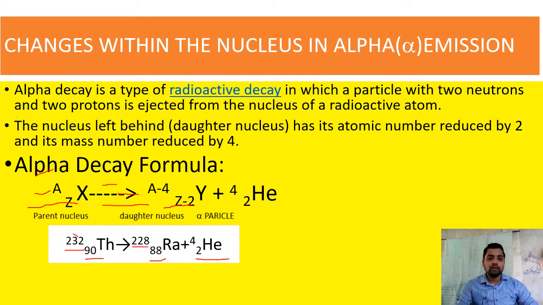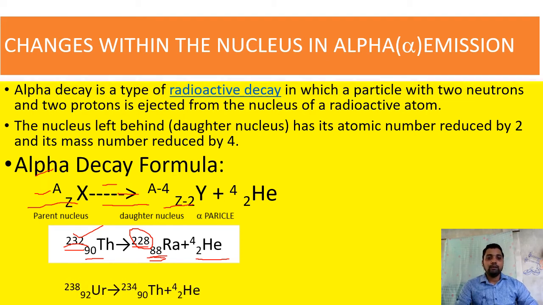That means 232 minus 4 gives 228, and 90 minus 2 gives 88: atomic number reduced by 2, mass number reduced by 4.